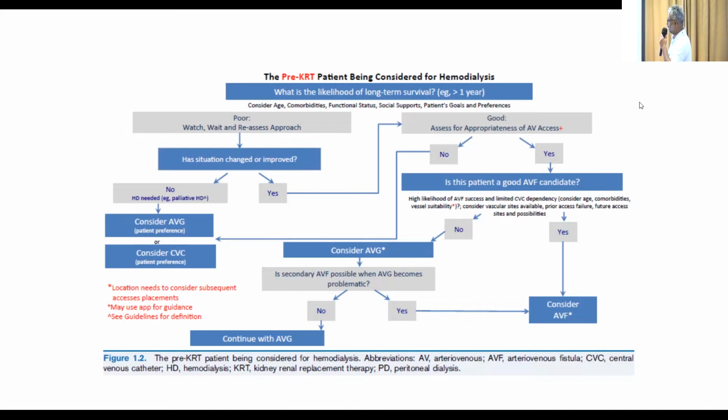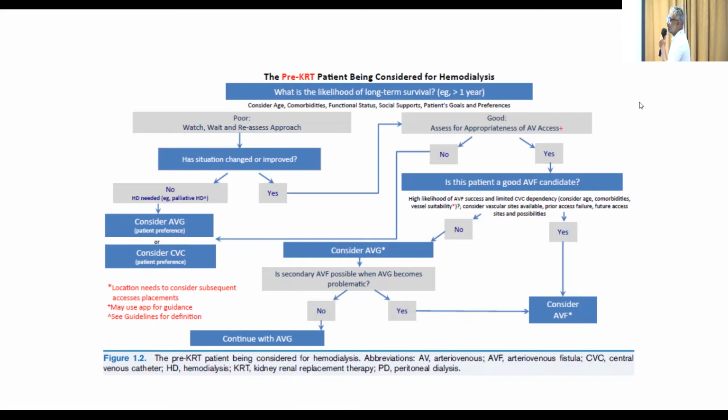So if you don't think the patient is going to survive more than 1 year, then you can either consider an AV graft or a central venous catheter, because these patients' fistulas are not going to mature, and you'll have more trouble. You try putting fistulas in these patients, they won't mature, the patient won't like you, the patient will spend a lot of money.